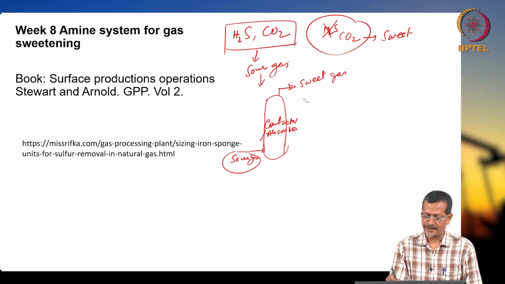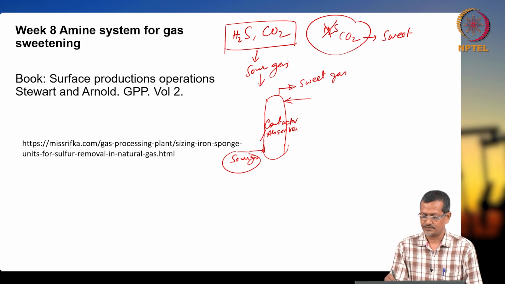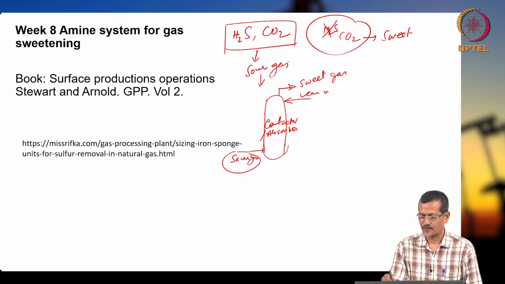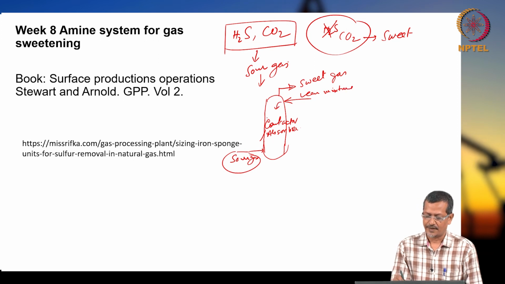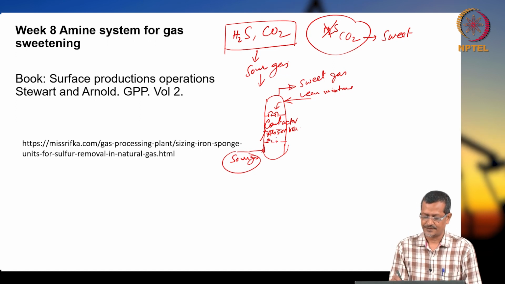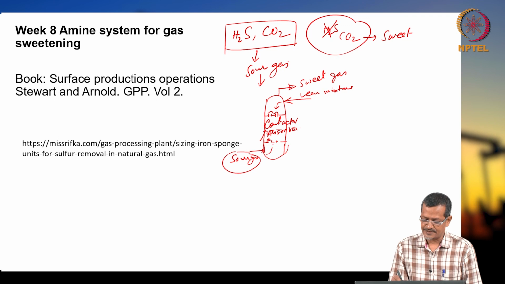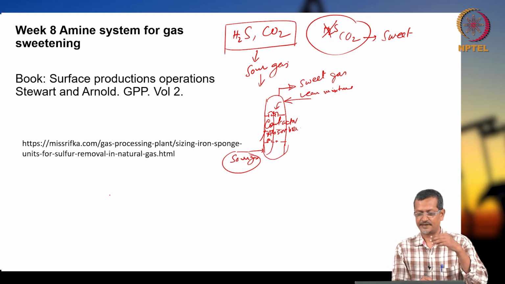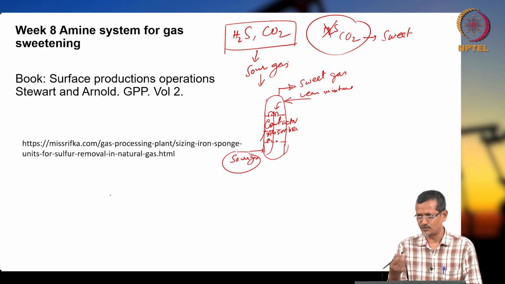And a lean mixture of amine solution you inject from the top, and there will be several trays, called amine trays. So you create lots of bubbles, and when sour gas is moving up, it will mix with the lean amine mixture. Lean amine mixture will become rich amine mixture.